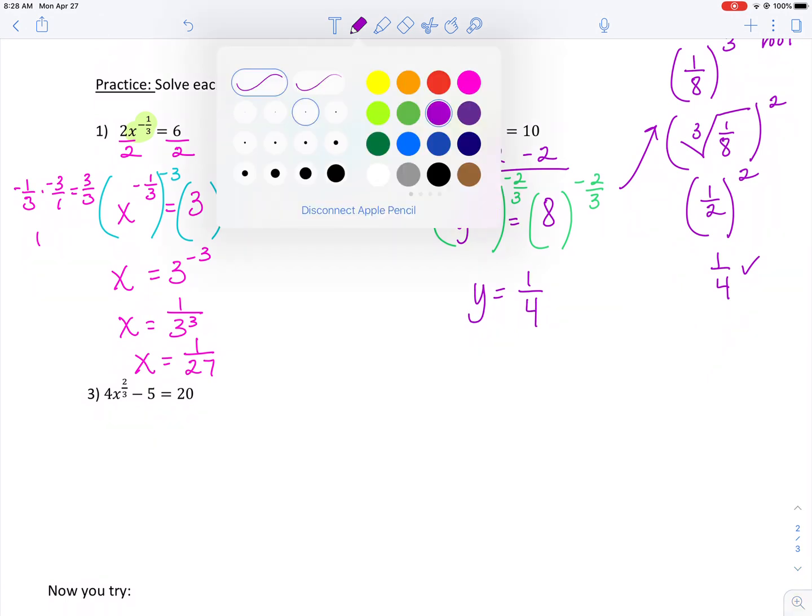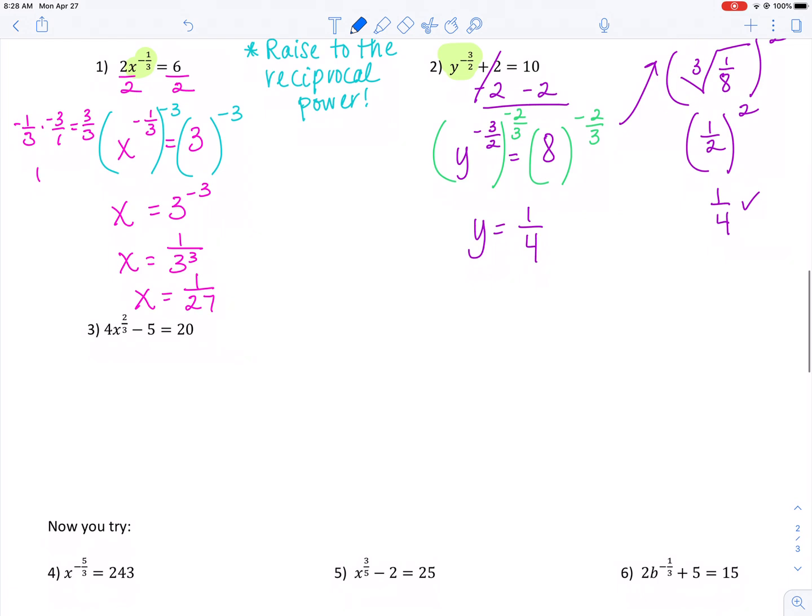Okay, I'm going to try one more with you. Take a look at 3. We combined both things that we did in 1 and 2 for number 3. If you want to get just that x to the 2/3 by itself, because that whole 4x is not being raised to the 2/3, only x's, you're going to undo your operations.